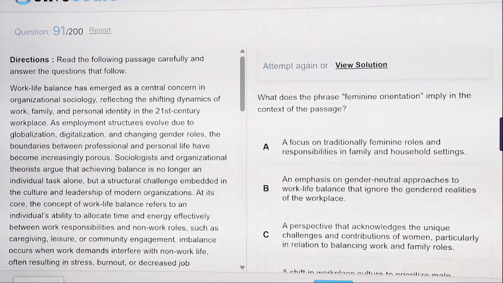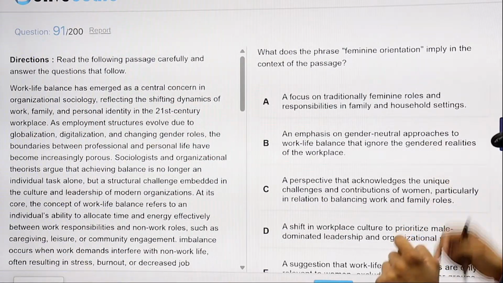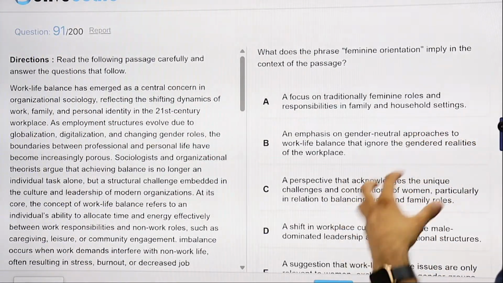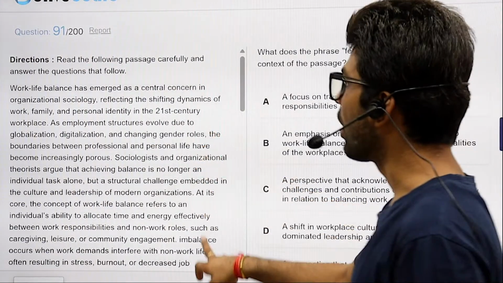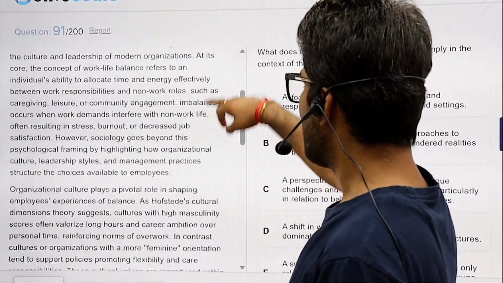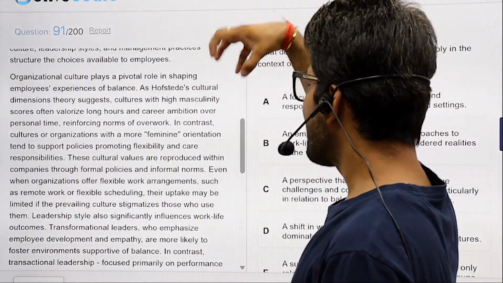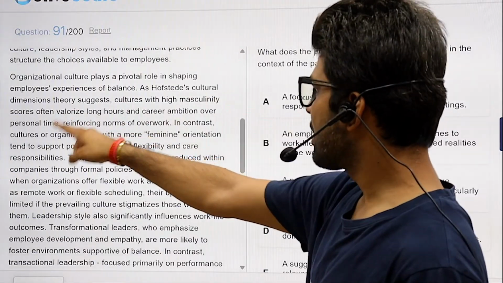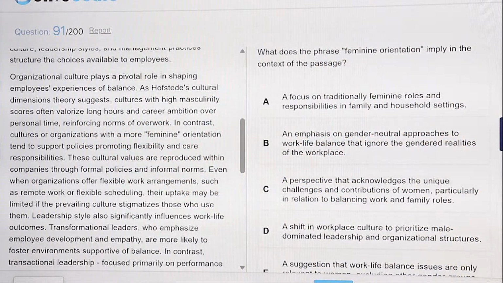Yep. What is the meaning of the word feminine orientation in the passage? A focus on traditionally feminine roles and responsibilities in family and household settings. Not at all. It was there in the organization. In contrast, cultures or organizations with a feminine orientation, not for family and household settings.